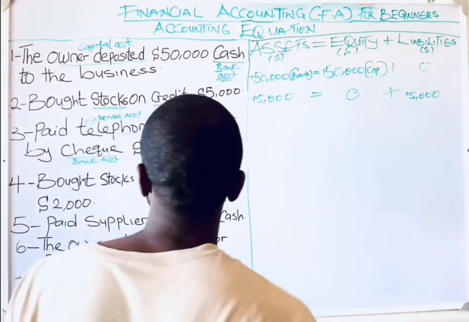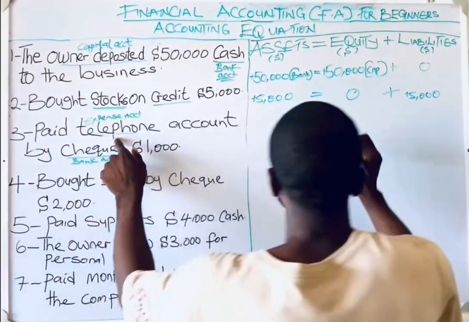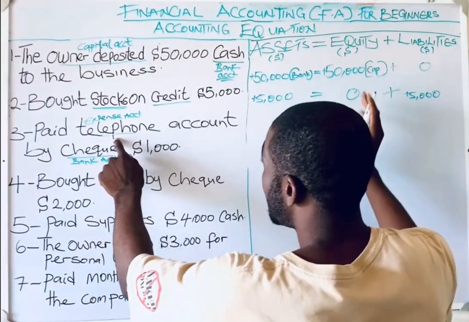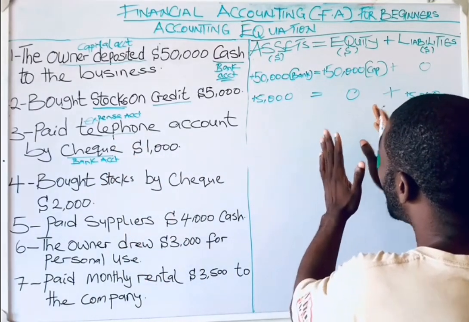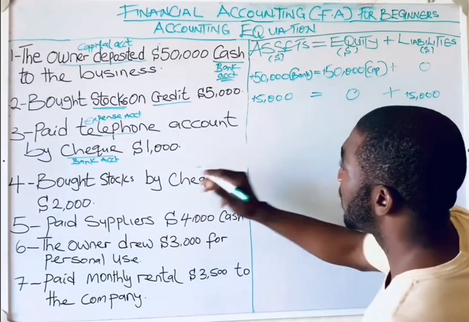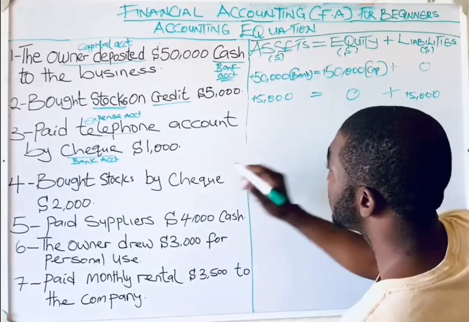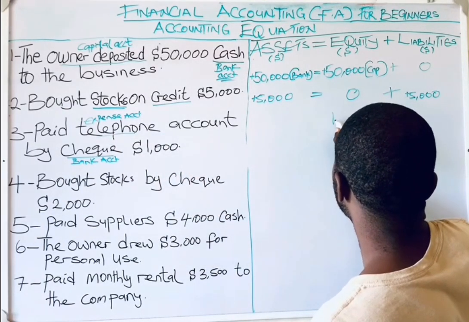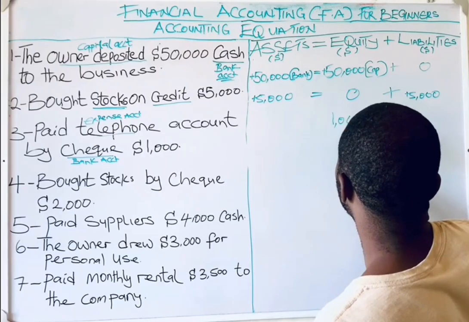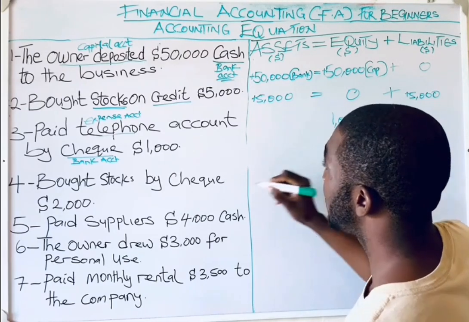So you come here, our expense is under equity. If you look at the items under equity, it reduces the value of equity. Now, our expense, you say, is $1,000. Then the next account is bank.